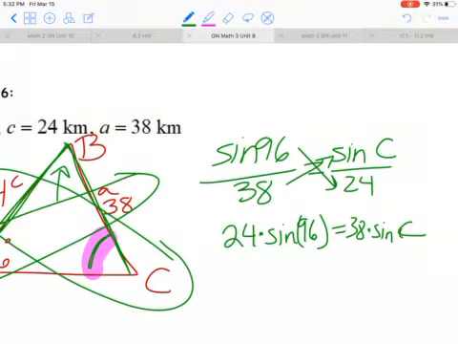And then go ahead and get some decimals for these. So 24 times sine of 96 is going to be 23.87 when you round. And then we can divide the 38 over. So we get 0.62. Let's make it 0.63.